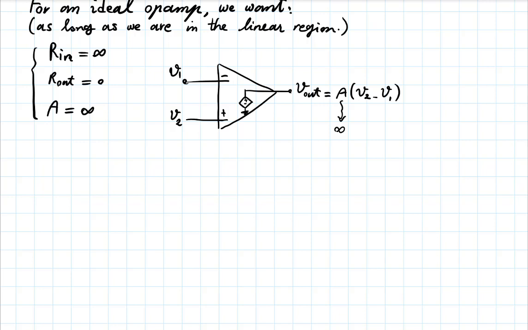But there are many, many other things that you can do with the op-amp if you manage to stay in the linear region. In many circuits that we will see in the next couple of hours, you make circuits that make sure that the op-amp stays within the linear region so that it doesn't saturate.